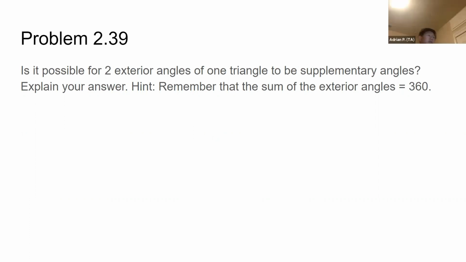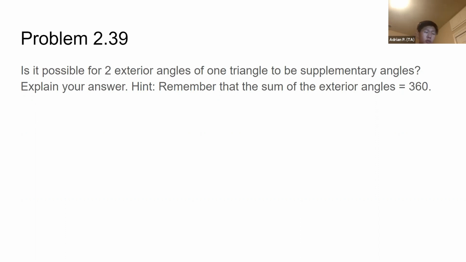Okay, so basically for this question, if you think of it this way, say it's true, then you have to prove that it is. So assume it's true, then the two exterior angles equal 180. Since the sum of the exterior angles is 360, the last exterior angle would equal 180.